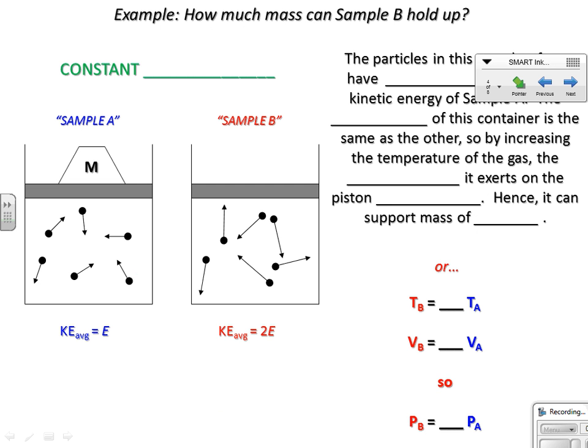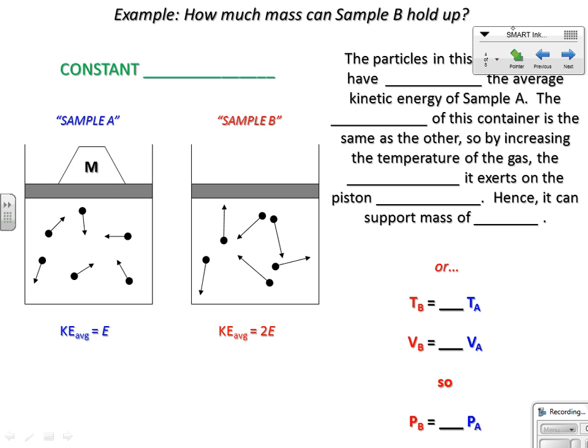So, in a case like this, let's compare a couple of samples of gas. One of the things that's going to help us the most is, in a lot of cases, to identify what quantity is constant, either in a certain process, we'll get into thermodynamic processes pretty soon, or in this case, just comparing two samples of gas.